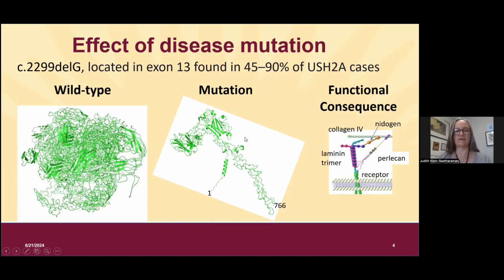However, we can take a look at what is the predicted effect of the mutation on the protein structure, irrespective of the membrane. And that's what's shown here in the middle. When we introduce this mutation, which results in this smaller fragment that's only 766 amino acids long, you can see that AlphaFold predicts this to be a very well-structured, well-defined, relatively small protein.